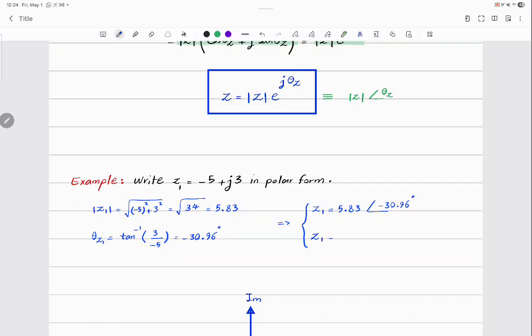Or I can write it in exponential form, which is 5.83 exponential of -j 30.96 degrees. Okay?